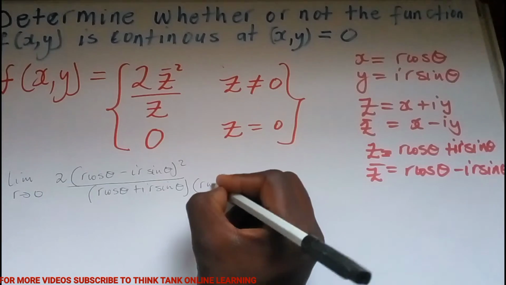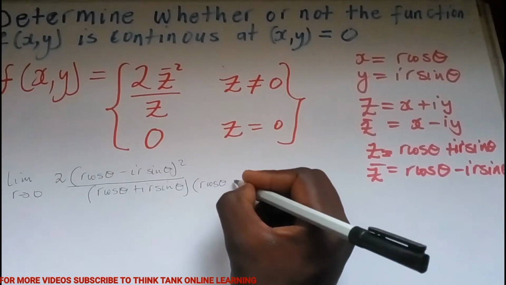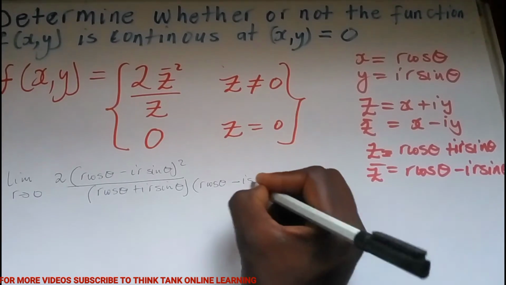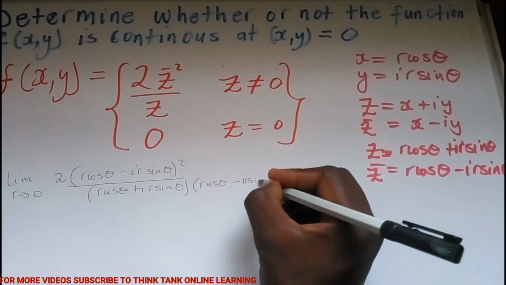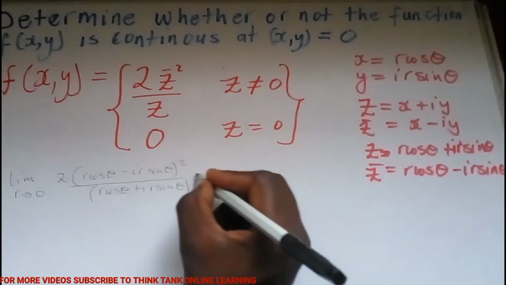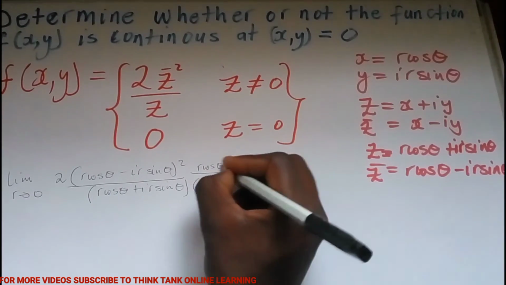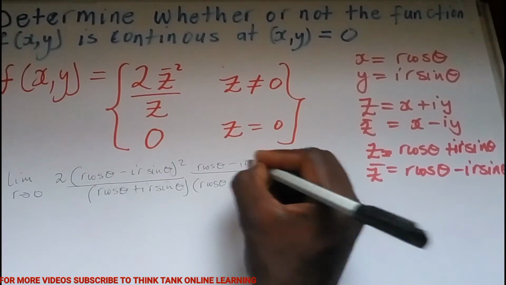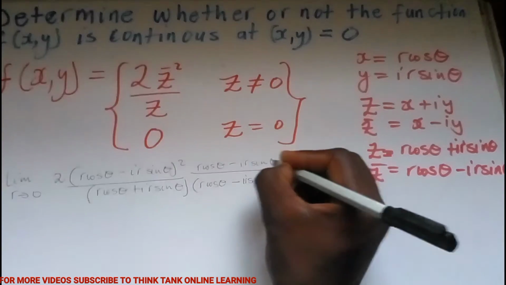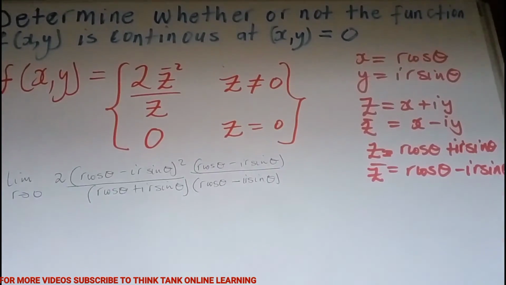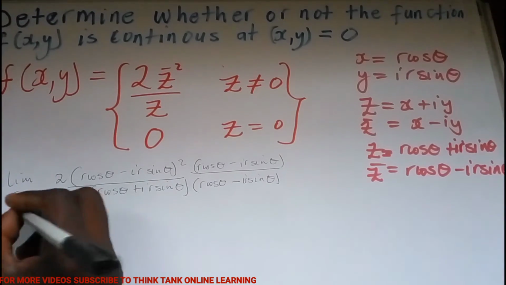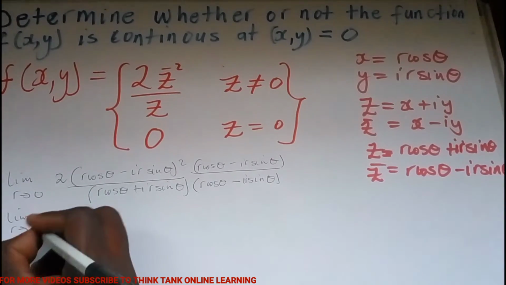So it's r cos theta, and the conjugate is r cos theta minus i r sine theta. Okay, and now limit as r approaches 0.